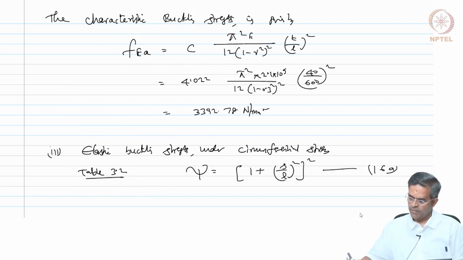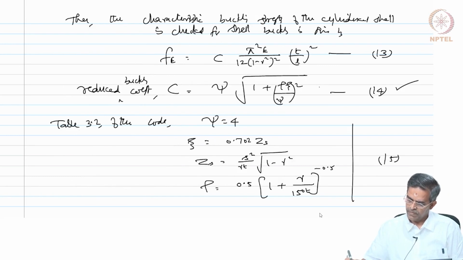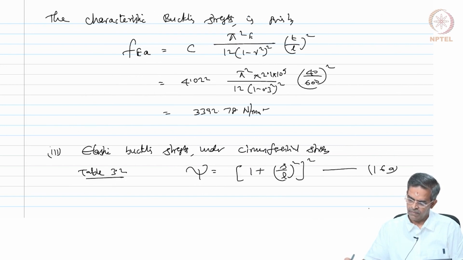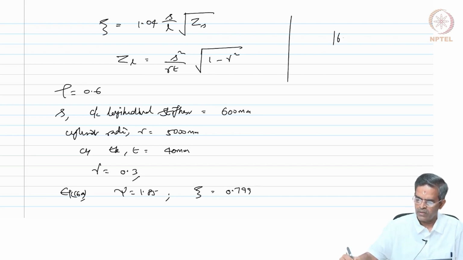Equation 16A, sorry, equation 16A gives psi as 1.85 and zeta as 0.799. And these are all equation 16B, 16C and so on.